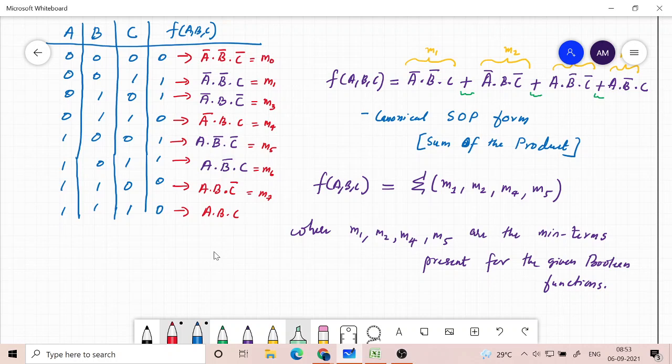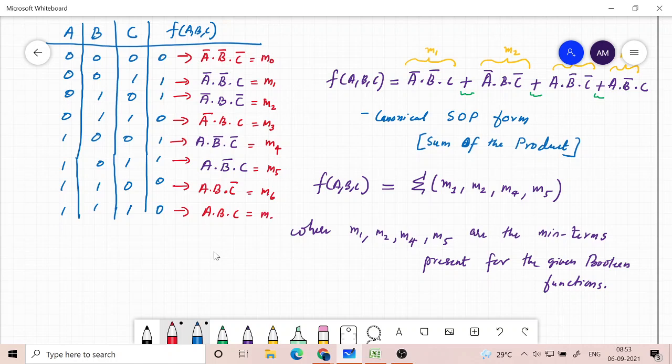Okay, I made a mistake. I missed m2. So after m1 it is m2, m3. This is going in the order of the decimal representation of these combinations. Then m4, m5, m6 and m7.